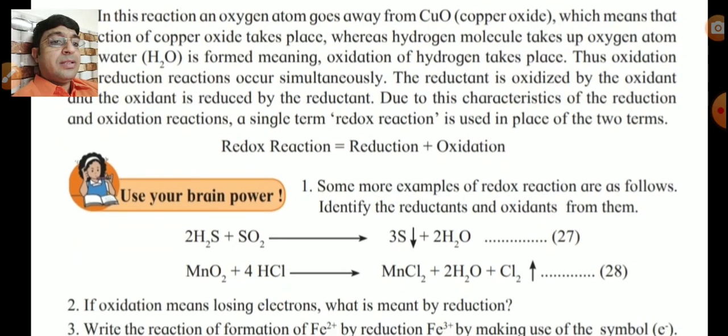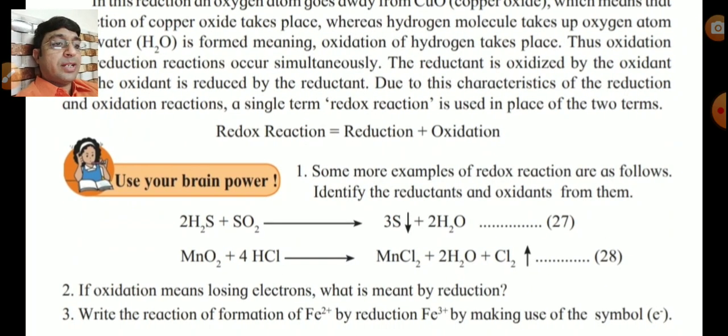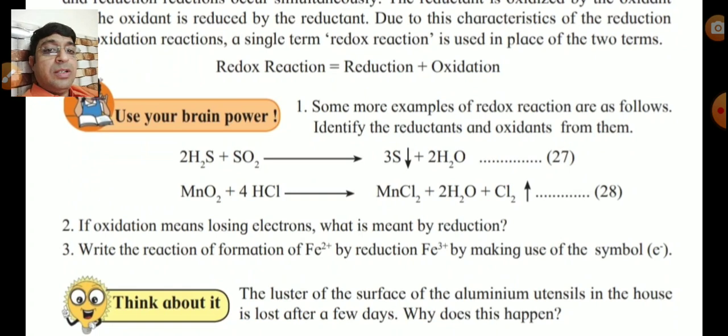Some more examples of redox reactions are as follows. So you identify the reductants and oxidants from them. Second question given, if oxidation means loss of electrons, then what is meant by reduction?